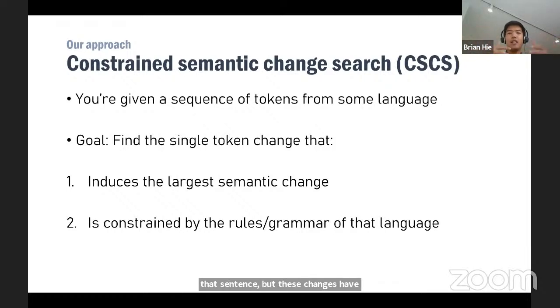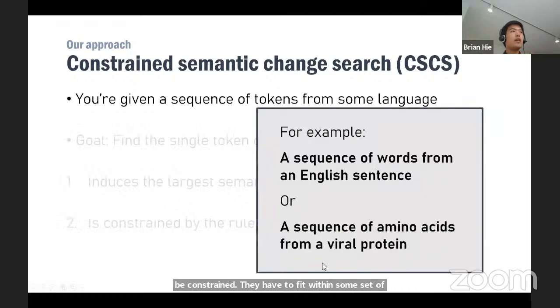They have to fit within some set of rules or a grammar of this language. And this game is given in generality, so this could be a sequence of words from an English sentence, or a sequence of amino acid residues from a viral protein.